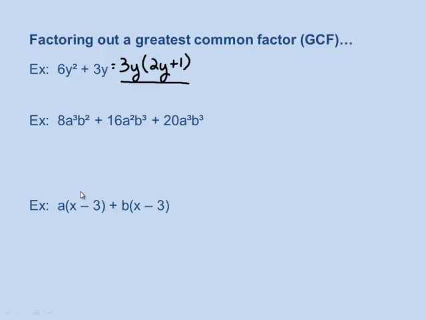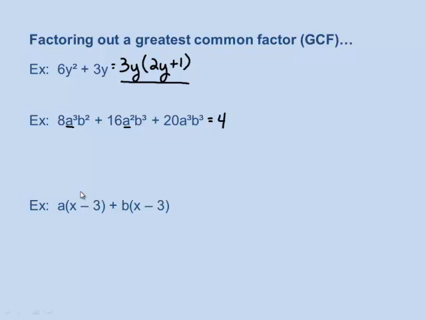In our second polynomial, we've got 8a cubed b squared plus 16a squared b cubed plus 20a cubed b cubed. Looking for a greatest common factor, starting with the coefficients. Out of 8, 16, and 20, there is a common factor of 4. We could divide out of each of those.